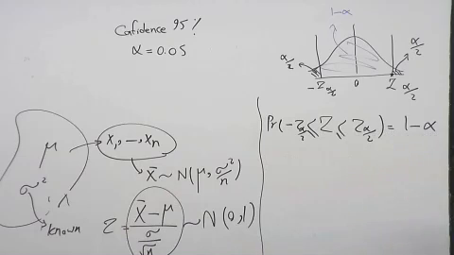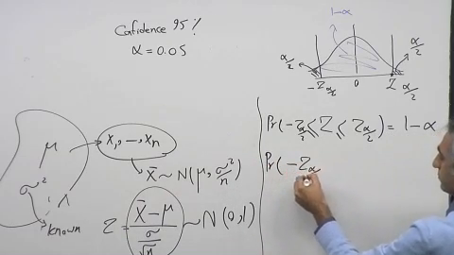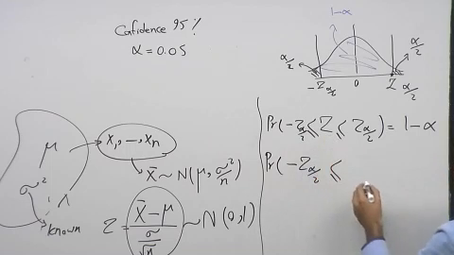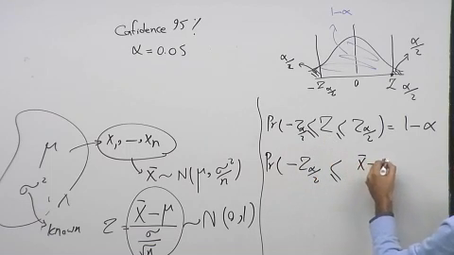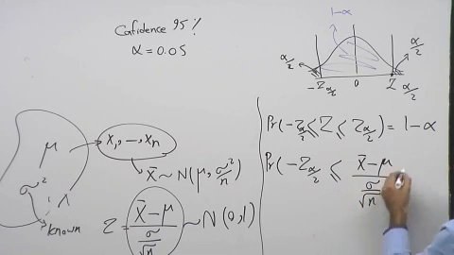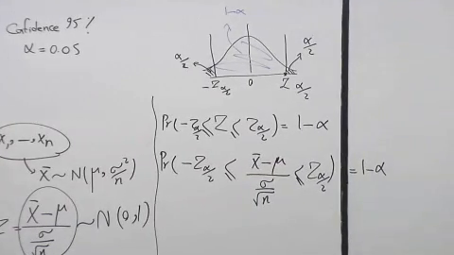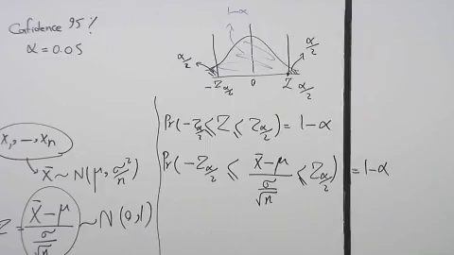So I write it down as the probability of this, where instead of Z, I use x bar minus mu divided by the standard error, between negative Z alpha over 2 and Z alpha over 2, is 1 minus alpha. Is it clear? Any questions so far?